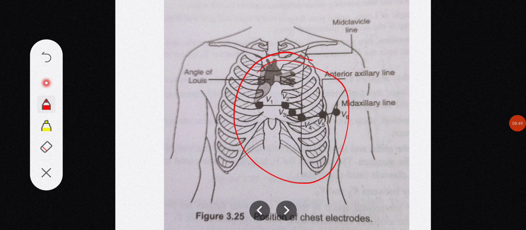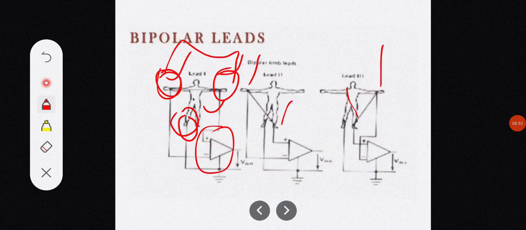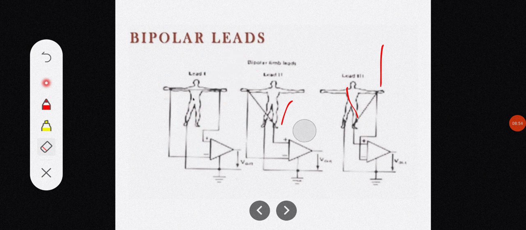Now coming to the lead combinations. In the normal electrode placement, as you can see, 4 electrodes are used to record the electrocardiogram. The electrode on the right leg is only for ground reference.